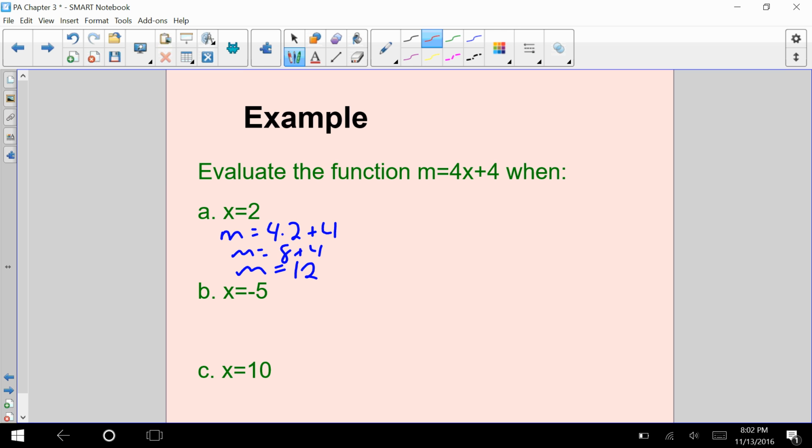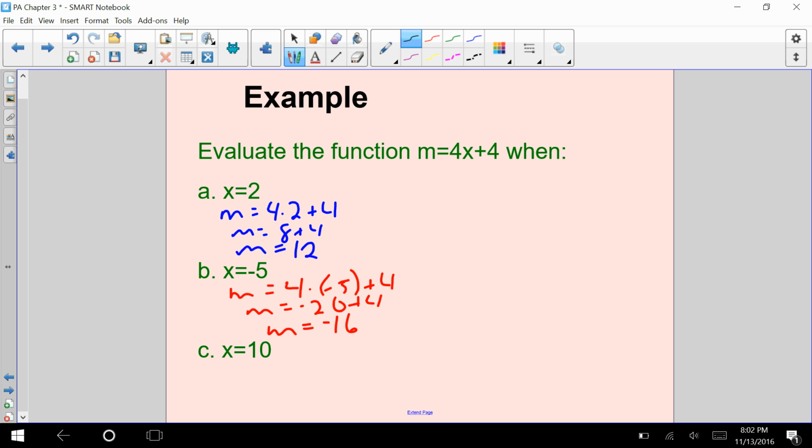For the second one, we'll take m equals 4 times -5 plus 4. Well, 4 times -5 is -20, plus 4 means that m equals -16 is our answer. And for the third one, we'll take m equals 4 times 10 plus 4. Well, I know 4 times 10 is 40, plus 4 means that m equals 44.